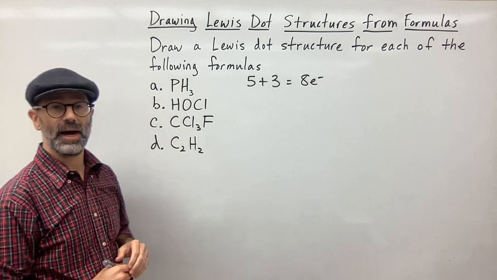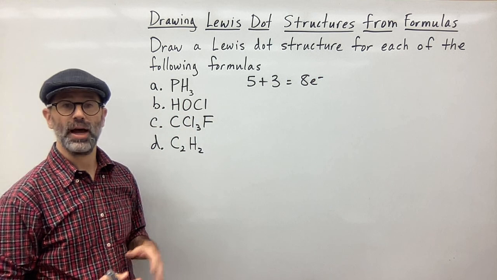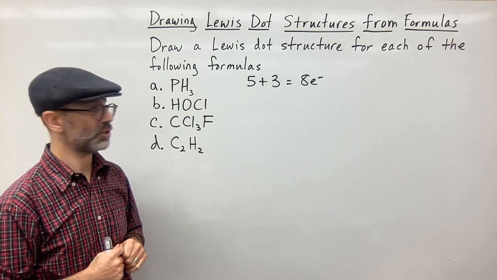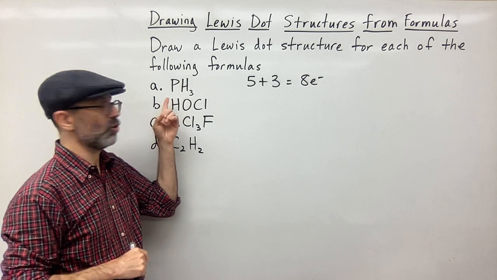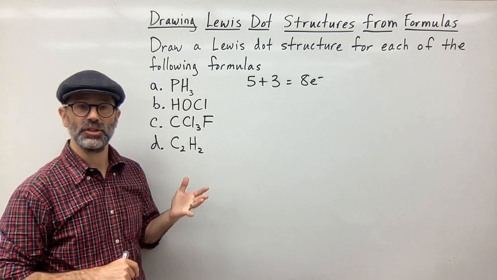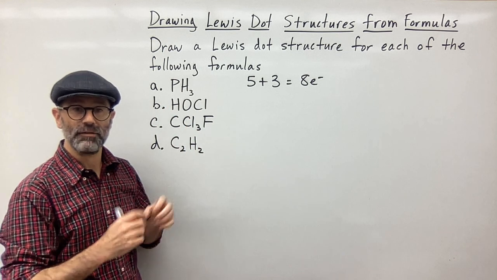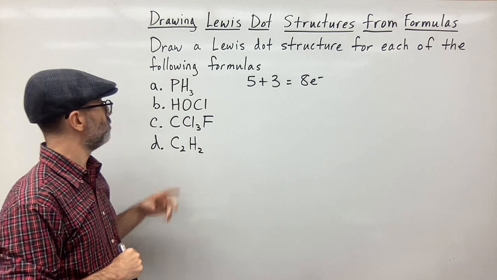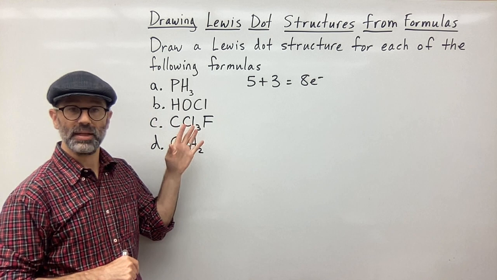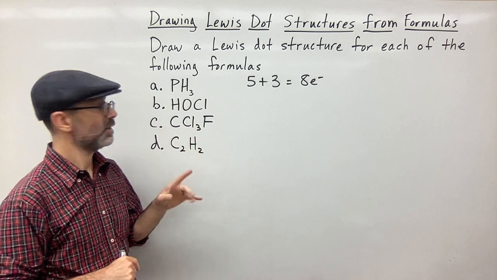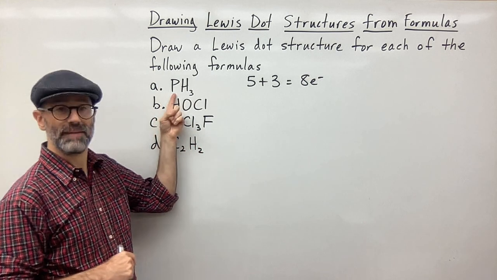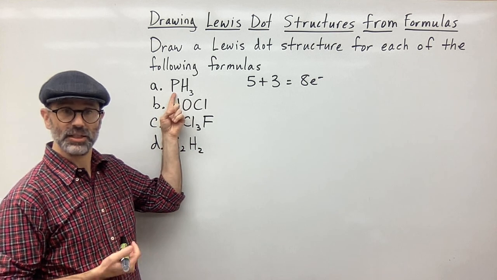So now the second step is to put the skeletal structure together. The way I do that is I first have to determine what the central atom is and then add everything to that. Normally it'll be the first atom, but not always. So I would assume here that phosphorus is the central atom.